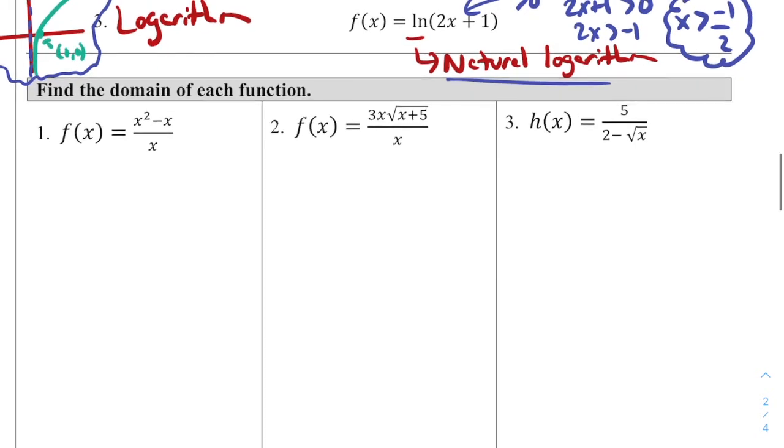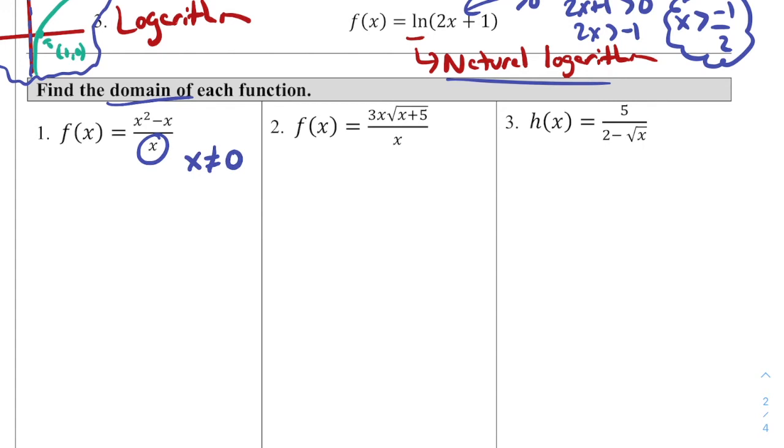I noticed that we've got a fraction for this first one, so we know that the denominator cannot be equal to 0. So I'm going to write that x cannot be equal to 0 if we're finding the domain. And then one way we could write this is thinking about that interval notation that we were talking about.